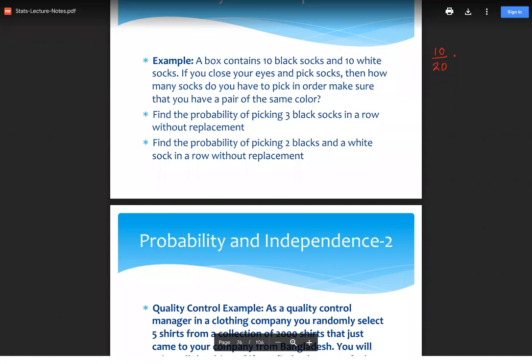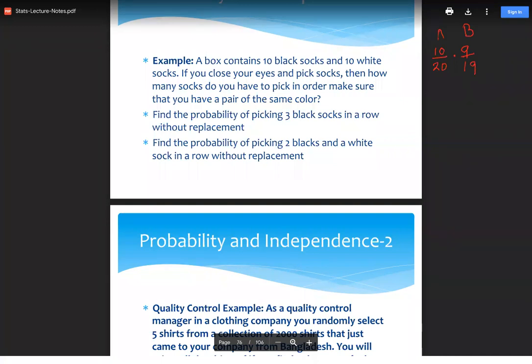Because there's 10 black socks and then 20 in total. Are you sure there are 10 black socks? The first one you picked is a black sock, right? There'd be 9 black socks because you've already pulled one. There will be 9 black socks because you already took one and put it aside. Out of how many? 19. 19.